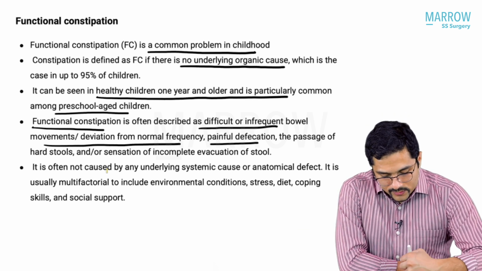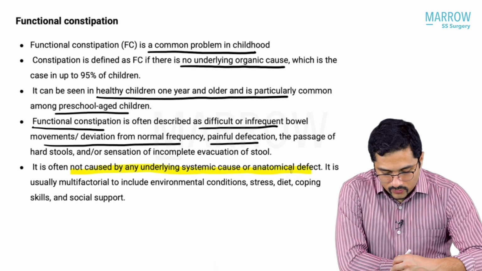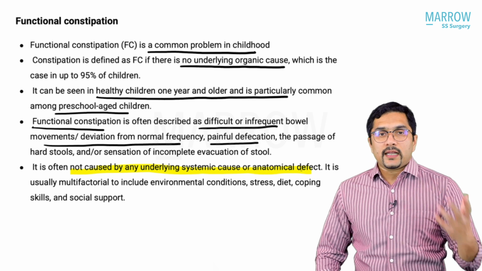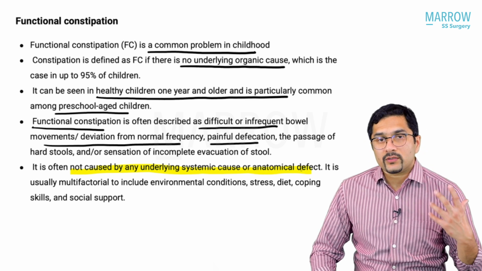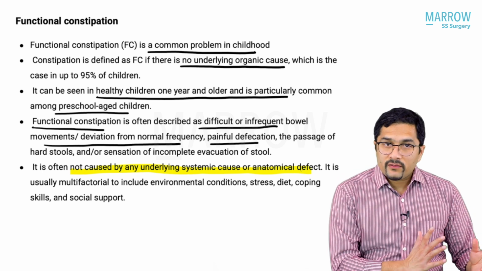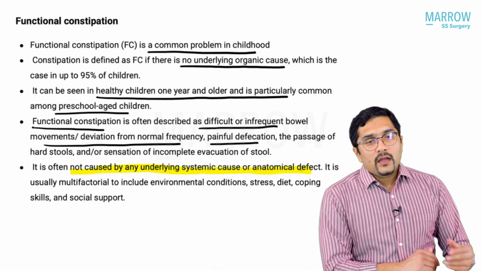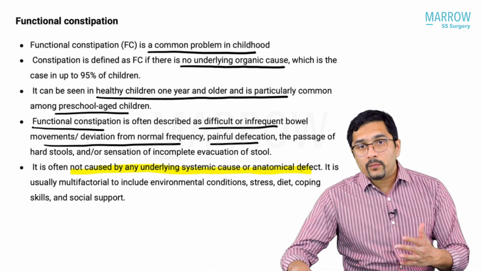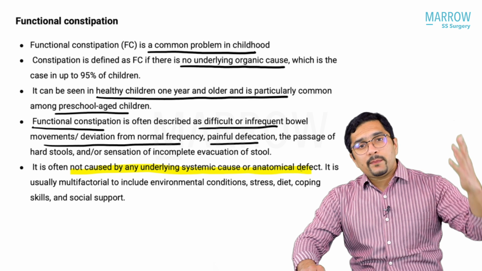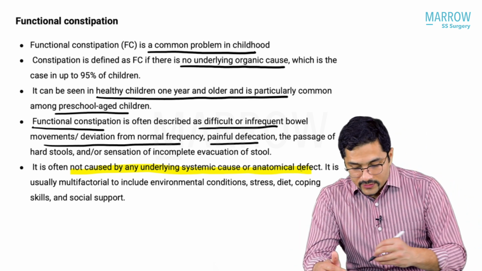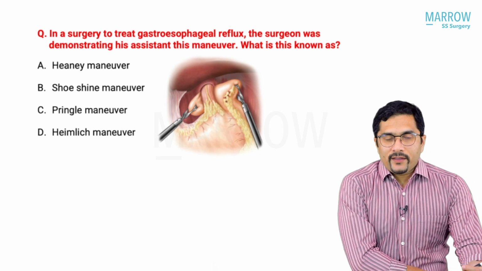It is not caused by any underlying systemic cause or anatomic defect, right. Hypothyroidism will be associated with other features of hypothyroidism, and Hirschsprung's patients can have Down syndrome, and also there is delayed passage of meconium in Hirschsprung's, which wasn't the case in this question.